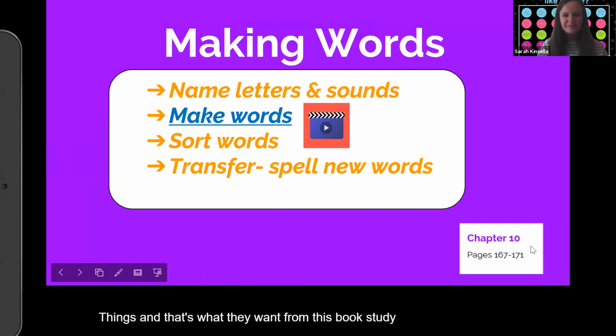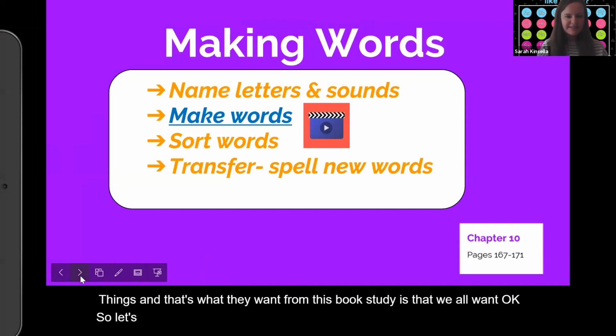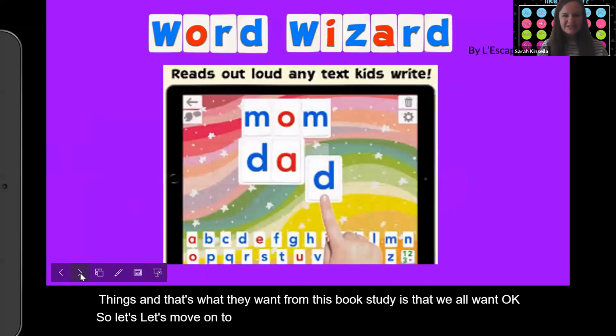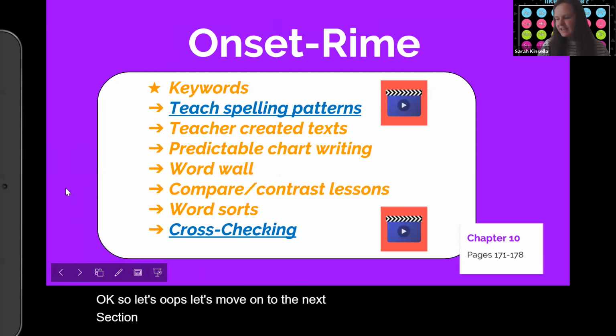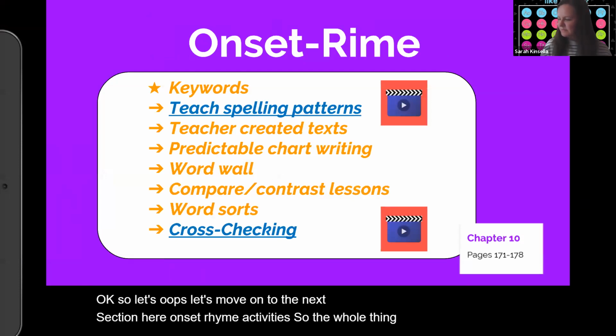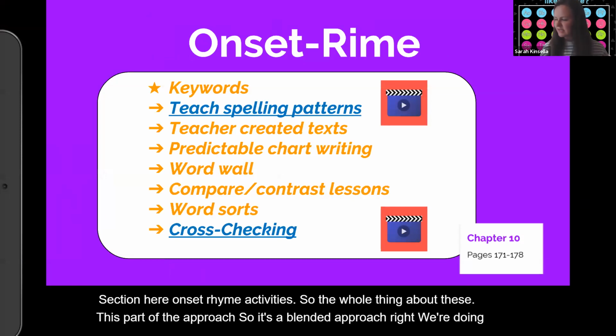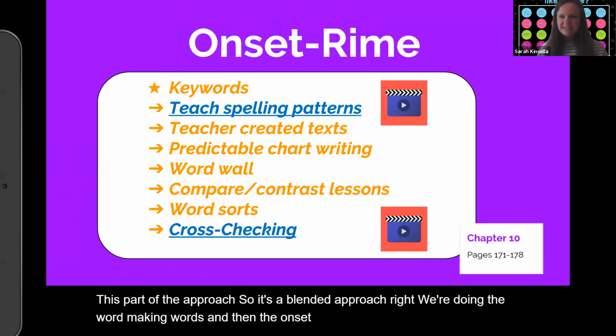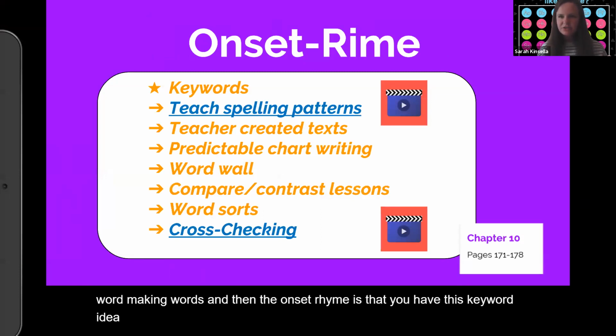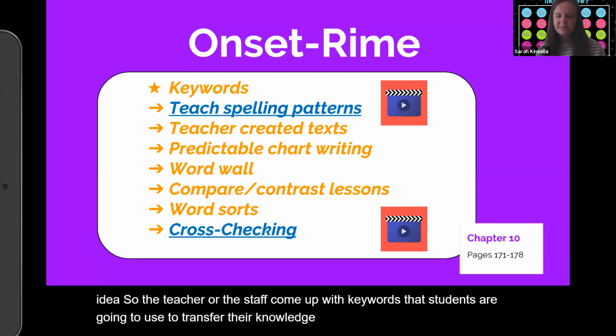Okay, so let's move on to the next section here, onset rhyme activities. The whole thing about this part of the approach, so it's a blended approach, right? We're doing the word making words, and then the onset rhyme, is that you have this keyword idea. So the teacher or the staff come up with keywords that students are going to use to transfer their knowledge about these new words they're making.